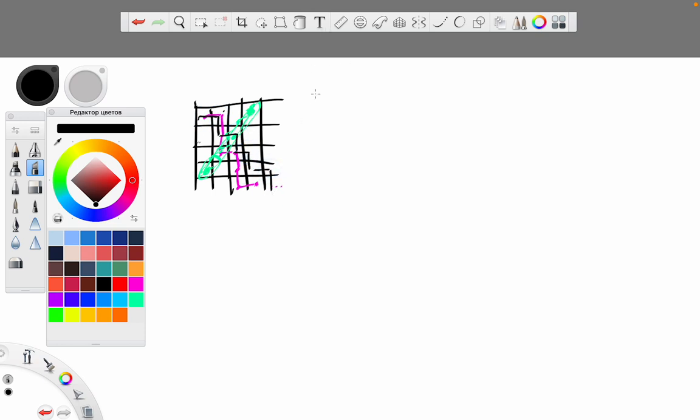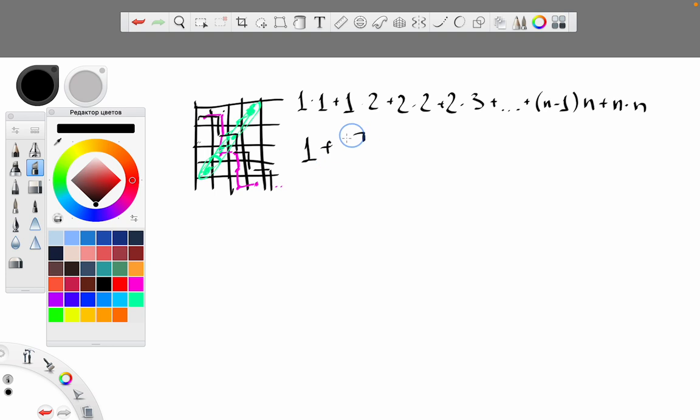And so the sum we want to calculate is 1 times 1 plus 1 times 2 plus 2 times 2 plus 2 times 3, and so on. And in the end we will have n minus 1 times n plus n times n. So the sum is 1 plus the sum of k from 1 to n minus 1.